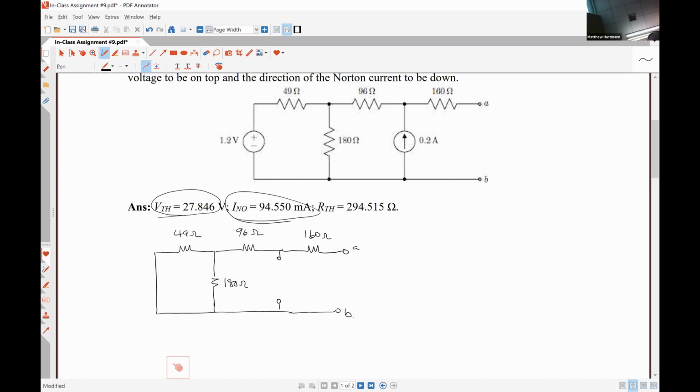So hopefully everybody can see that the equivalent resistance seen between terminals A and B is going to be a 160 ohm resistor in series with a 96 ohm resistor, and that is in series with the parallel combination of a 49 ohm resistor and a 180 ohm resistor.